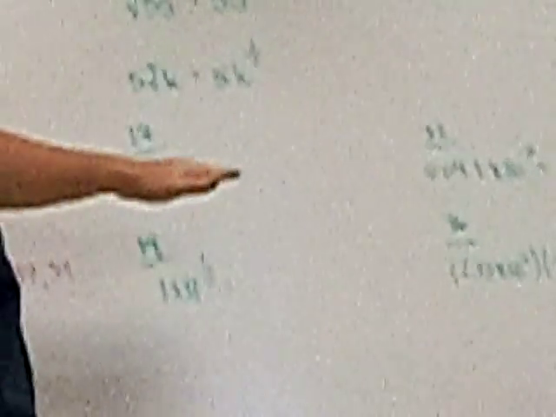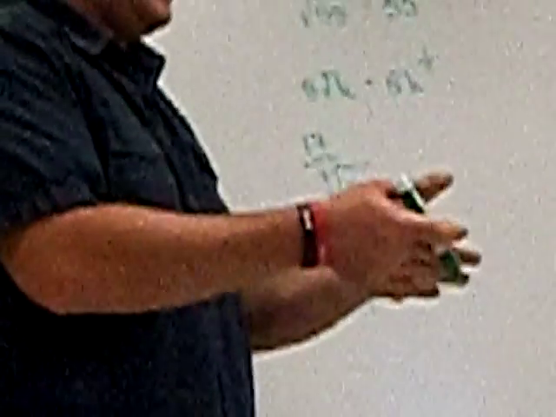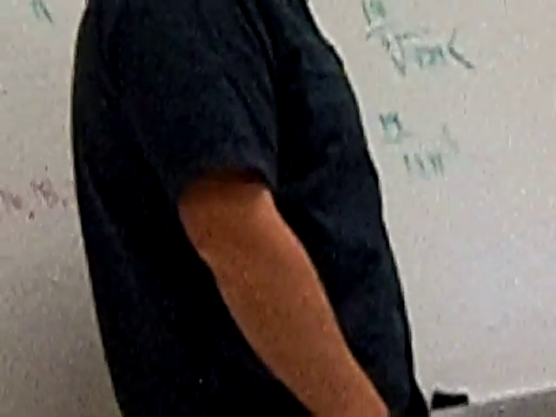All right, 17, we're going to actually evaluate this. We're taking the cube root of 729. We need 3 numbers that are multiplied together that give us 729. What do we know about 729? I know that 9 goes into 72 and 9. 9 goes into 72 how many times? 9 goes into 9 how many times?